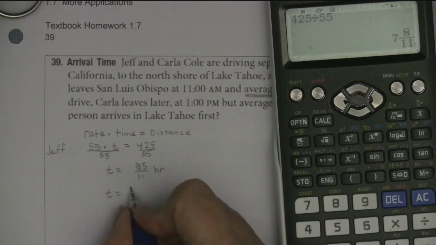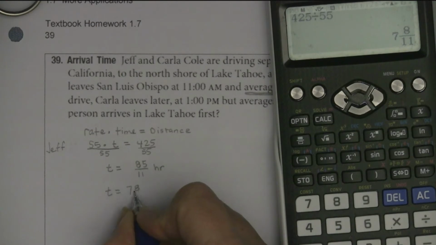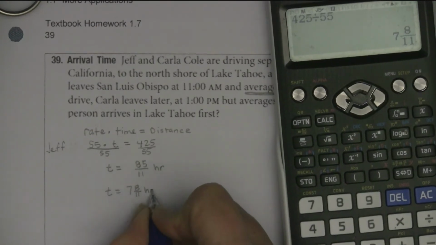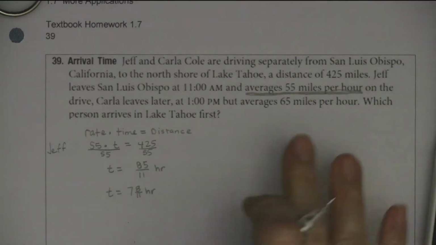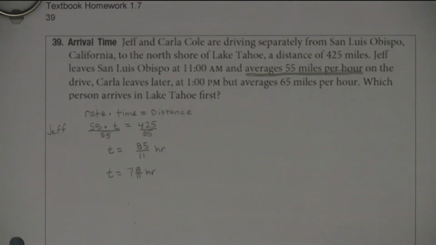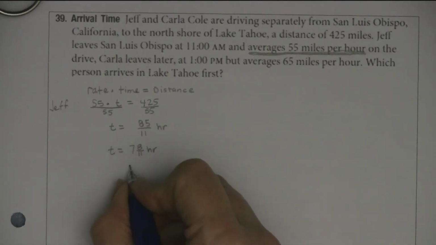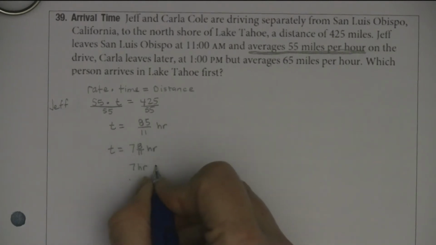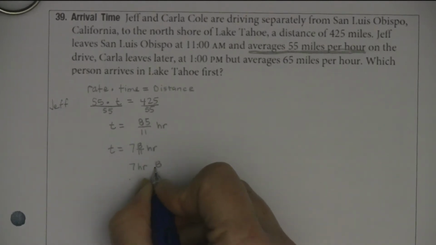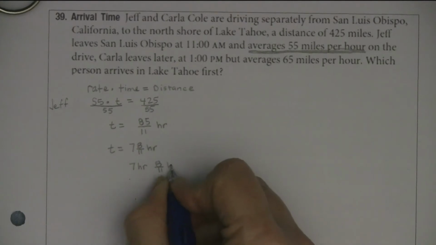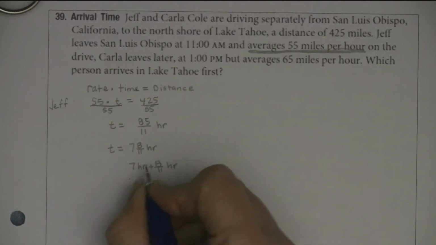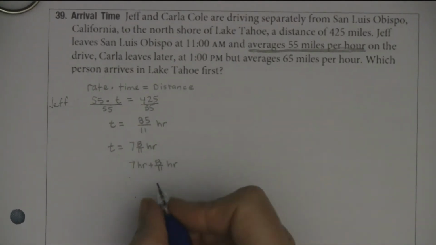Okay, 7 and 8/11 hours. We've been practicing with our time a little bit, so I'm going to write this as 7 hours plus 8/11 hours, that's what it means.